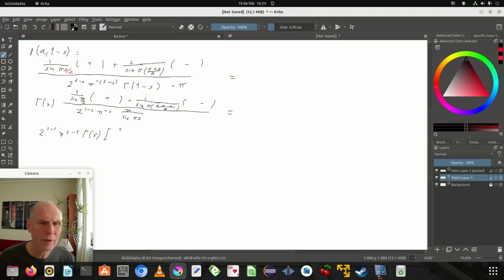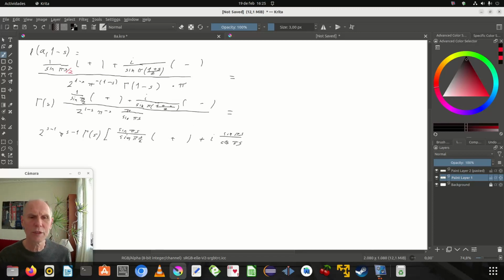And then sine pi s divided by sine pi s halves plus i sine pi s divided by sine pi 1 plus s, and that was equal to cosine pi s.